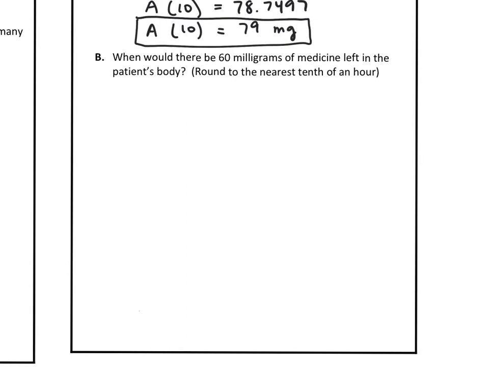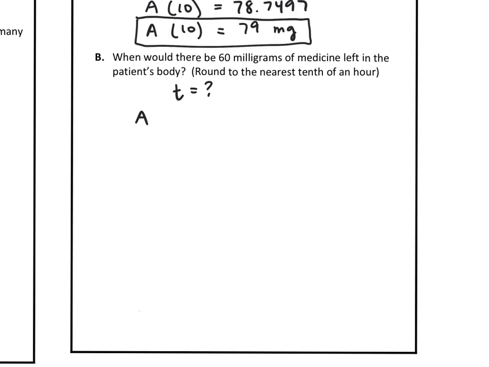And it says round to the nearest tenth of an hour. So this problem, part B, is interested in the amount of time. How long will it take for my body to have 60 milligrams of the medication left?